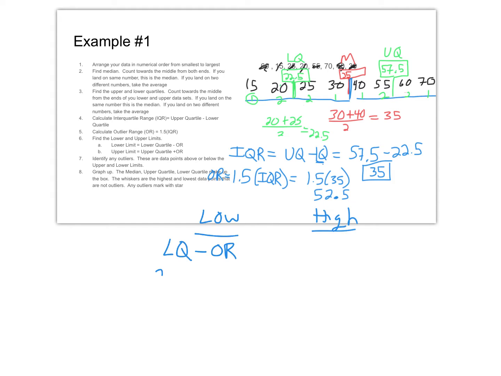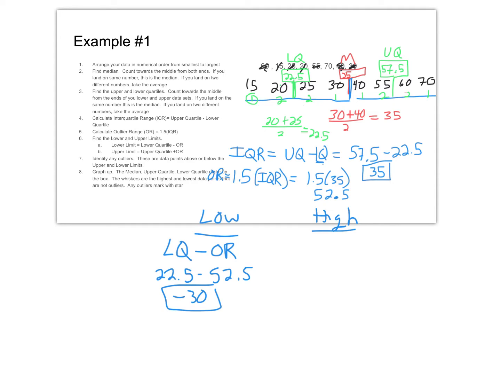So in this case, we're going to take 22.5 minus 52.5, and when I do that, we get negative 30.